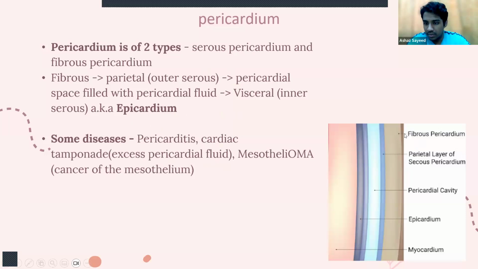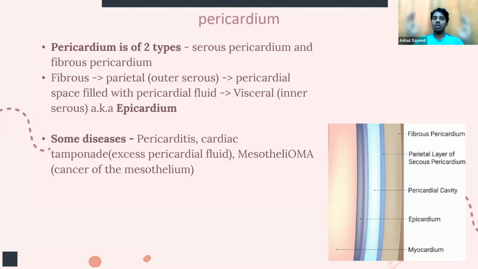So if you see in the image over here, you have the fibrous pericardium, and then you have the parietal layer of the serous pericardium. Inside of it, you have the pericardial cavity, which is filled with pericardial fluid. Inside of that, you're gonna have the epicardium, which is also known as the visceral pericardium.